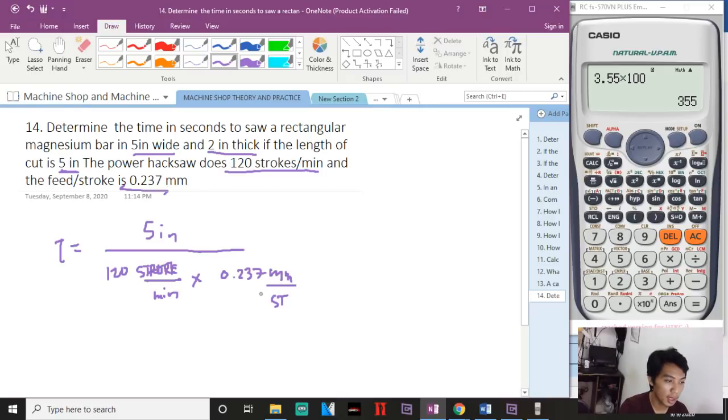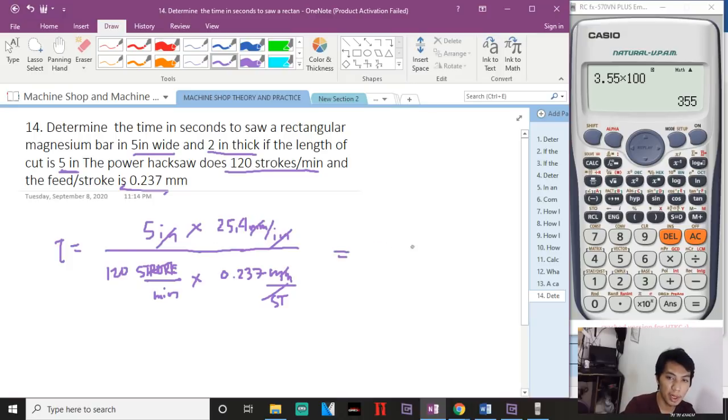Okay, cancel inches, mm. So i-multiply na lang natin siya ng 25.4 mm per inch. Cancel the same units. Ganun din yung mm.